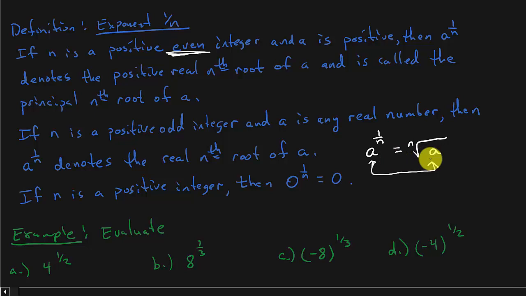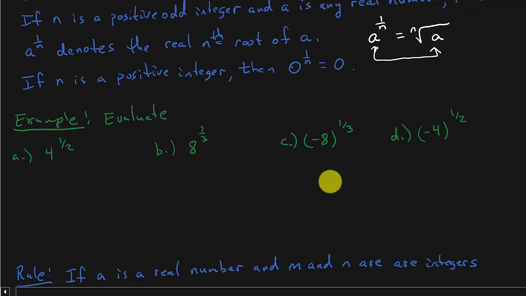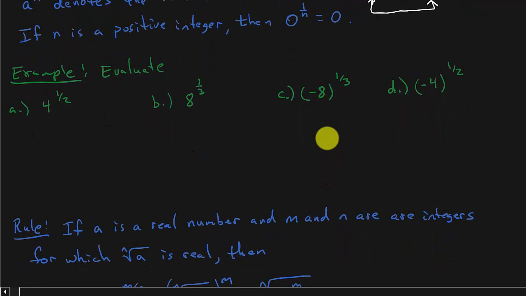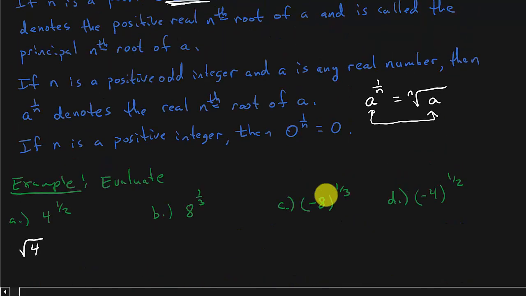All right, so now if we look at this, it's kind of like what we did earlier. We've got 4 to the 1/2. That's the same thing as the square root of 4. So all that's happening, you can see here, is that when you have it in exponential form, this denominator becomes the index of the radical.